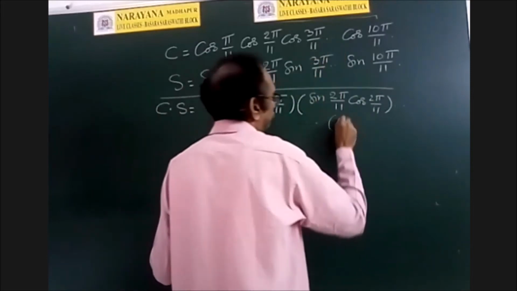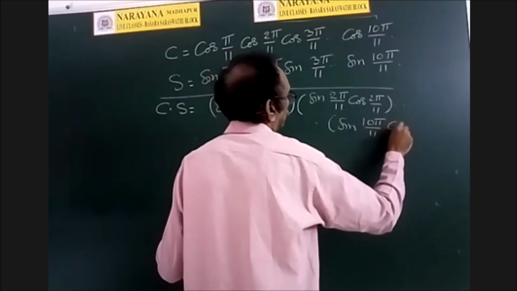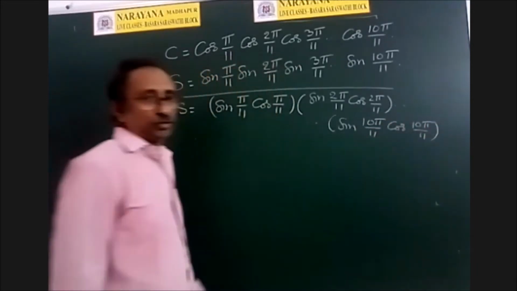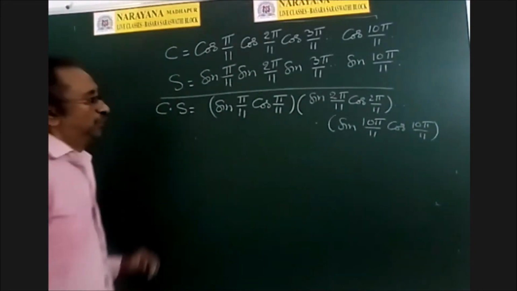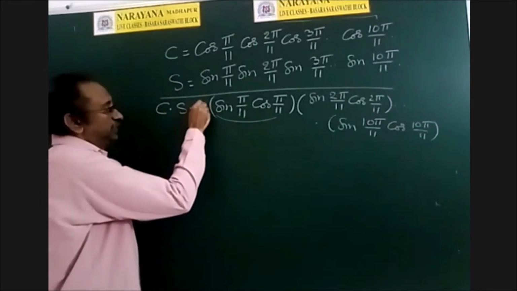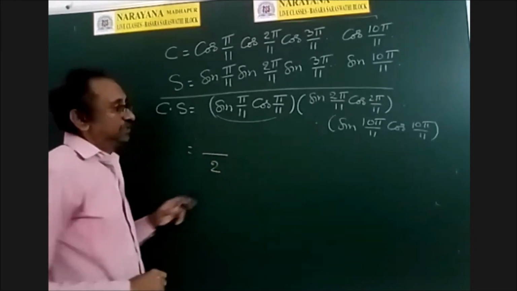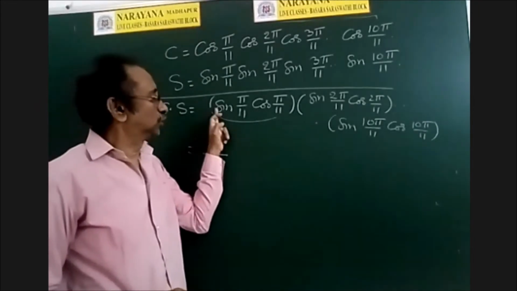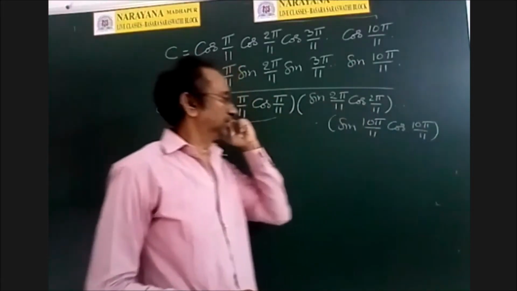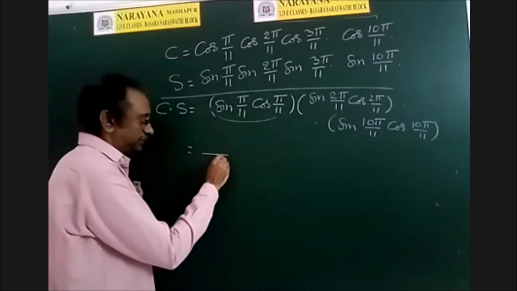The last one, sin 10 pi by 11 into cos 10 pi by 11. So two terms are paired. You know why I have written like that. This is sin theta cos theta. If there is a 2 in the numerator also, this can be written as sin 2 theta. Similarly for the others. Therefore, I need how many 2's? There are 10 terms, so I need 10 2's.